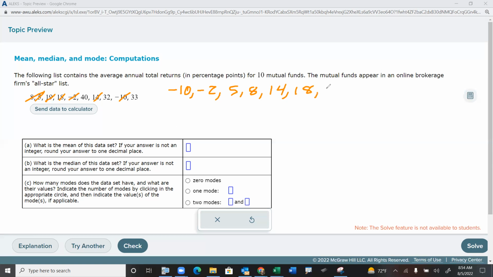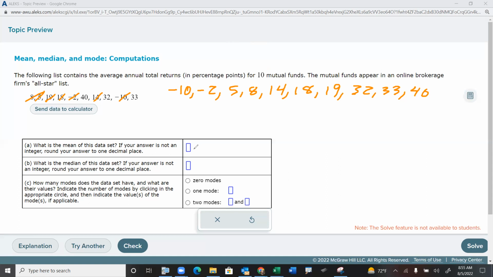I find it's easier if you cross them off. Okay, 32, 33, and 30, oh, no, 40. Okay, so we got 1, 2, 3, 4, 5, 6, 7, 8, 9, 10, just like we're supposed to. Okay, cool.